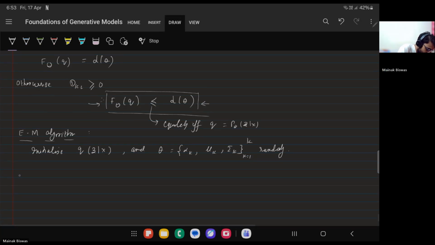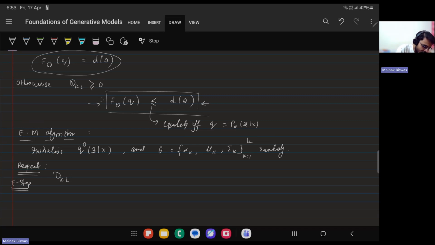And then repeat. What will I repeat? First I will try to make these two equal. If I have to make these two equal, what will I say? This is the E step. At the 0th iteration, we repeat.